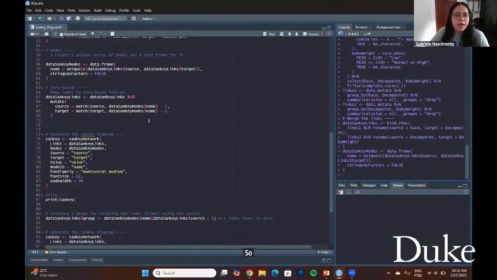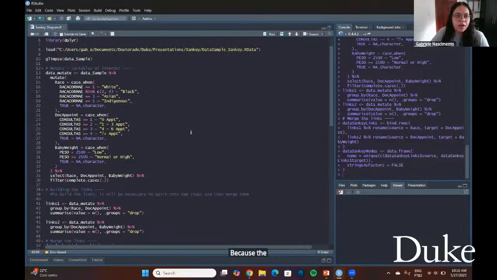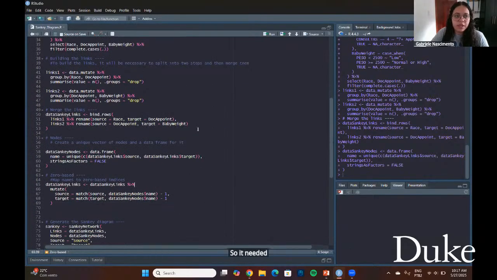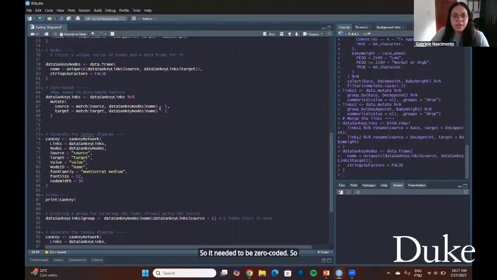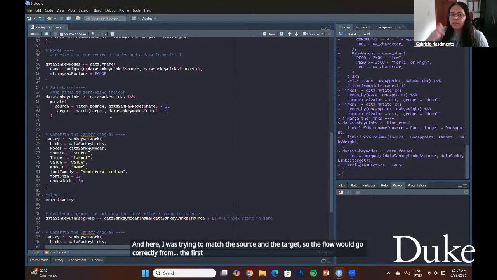So I needed to put this minus 1 because the codes are in numbers. You can see here it's starting on 1, so it needed to be zero coded. And here I was trying to match the source and the target so the flow would go correctly from the first one to the second and to the third.